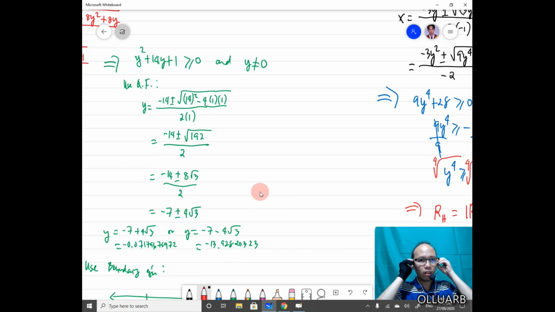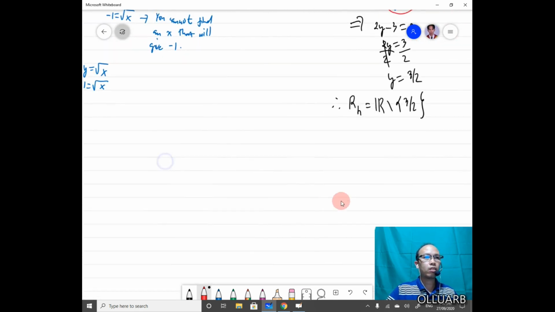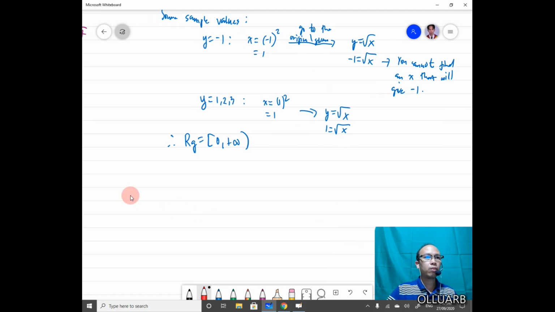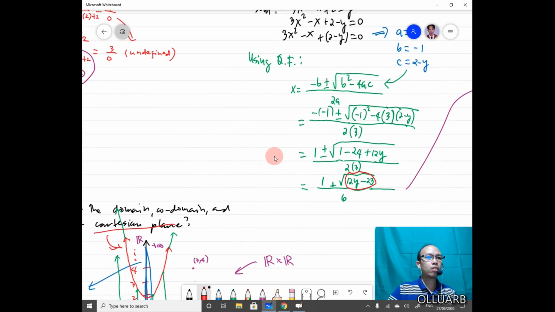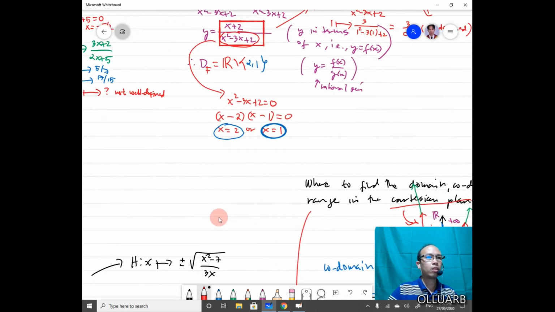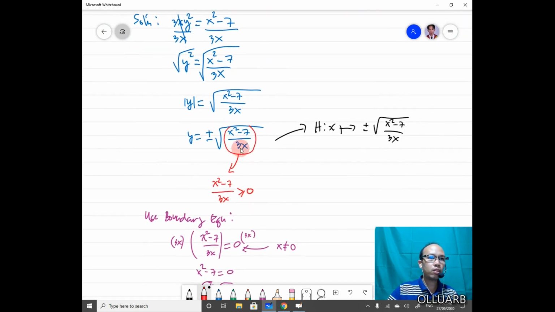What happened? Let's look again. Where is our given from before? Here. Okay, this one. Let me copy that one. y is equal to plus or minus the square root of x squared minus 7 over 3x.